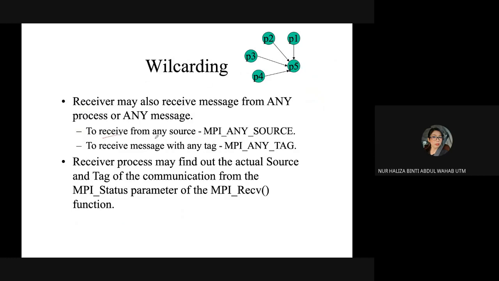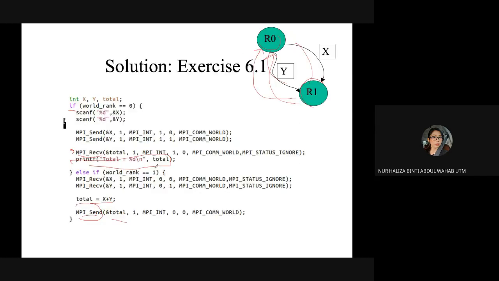So to receive any source, you can use this MPI any source. To receive message with any tag, you can use MPI any tag as over here. Let's say MPI receive or MPI any source. But of course, in this task, you're going to use only two, right?